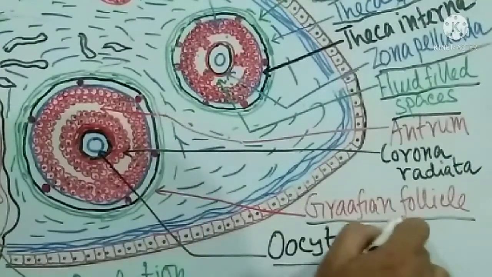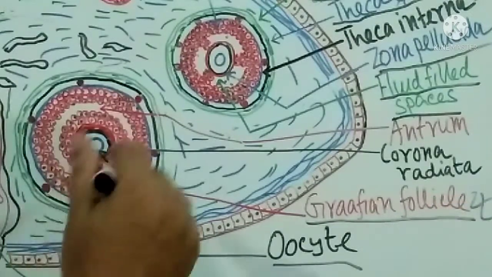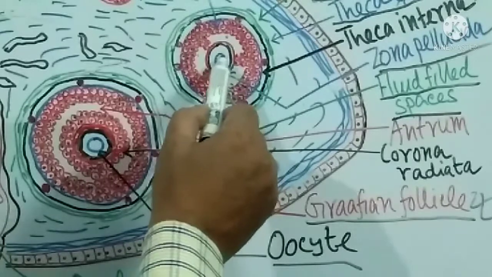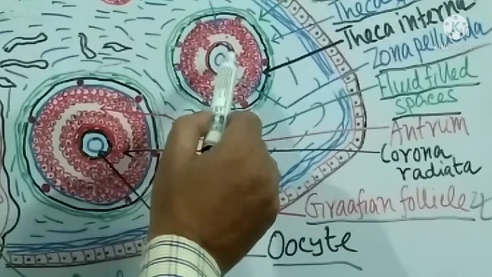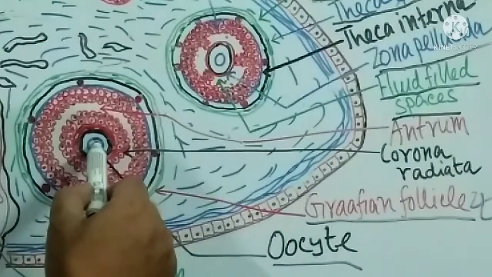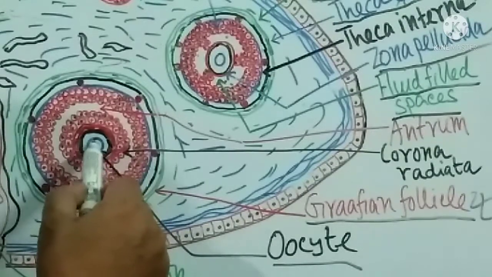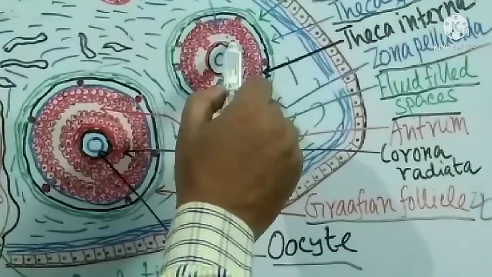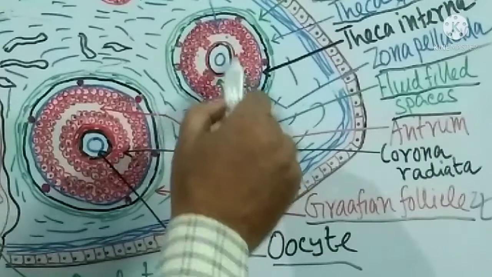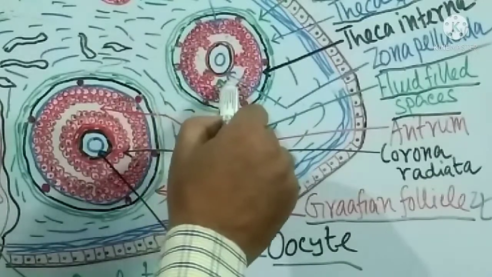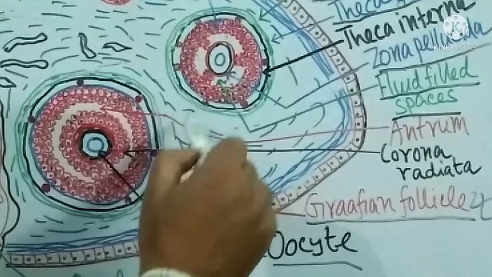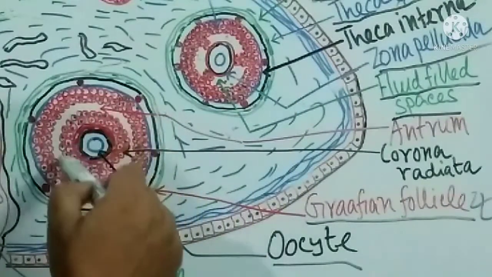In case of Graafian follicle, primary oocyte of secondary follicle completes its first meiotic division and forms secondary oocyte. Fluid filled spaces of secondary follicle unite to form follicular antrum.